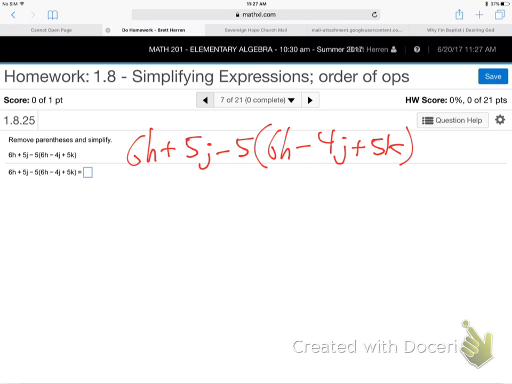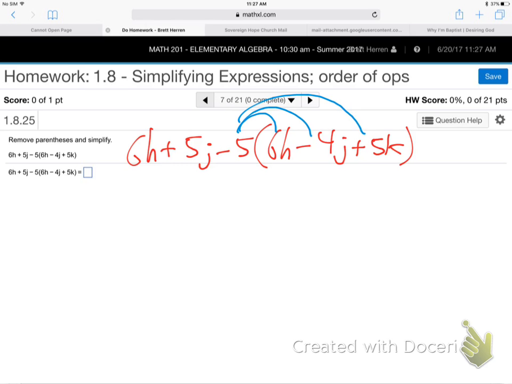Let that minus 5 distribute. So minus 5 is going to go boom, boom, boom. That minus 5 is going to multiply all three on the inside.